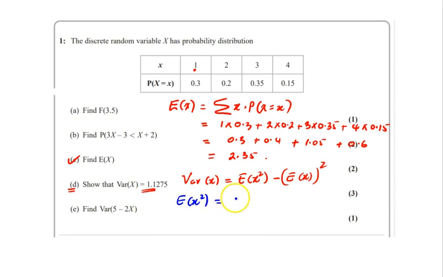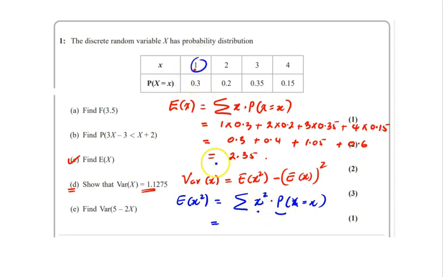Expectation of x squared is going to be the summation of x squared multiplied by the probability that x is equal to x, the same probability that we have over there. So square the x and then multiply by its probability.